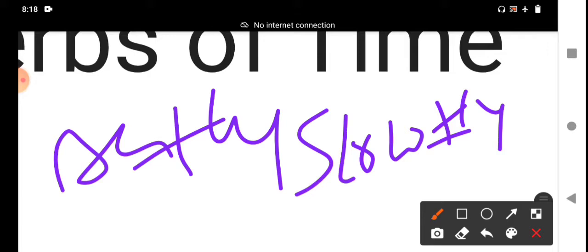In this way, many adjectives change into adverbs by adding the suffix, not prefix, ly. That is how adverbs are formed.